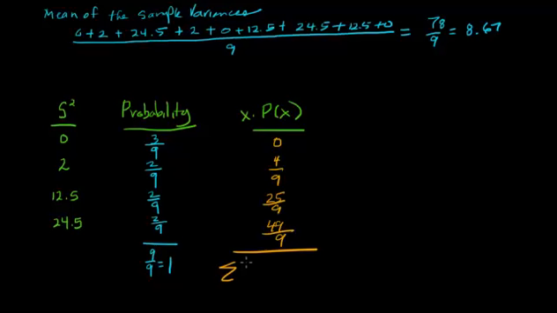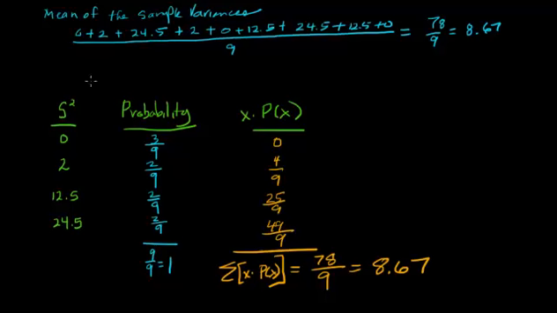So the sum of the x times p of x, or the mean of our sample variances, adds up to 4 plus 25 is 29 plus 49 is 78, or approximately 8.67.